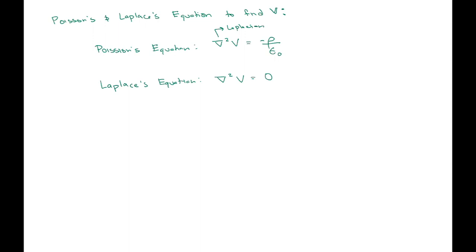I can rewrite that by just writing out what the Laplacian is. Okay, so that grad squared. And these are all partial derivatives that I'm writing out, which basically means I'm just going to take the derivative of that potential V in one dimension at a time. Okay, so that's something to note.